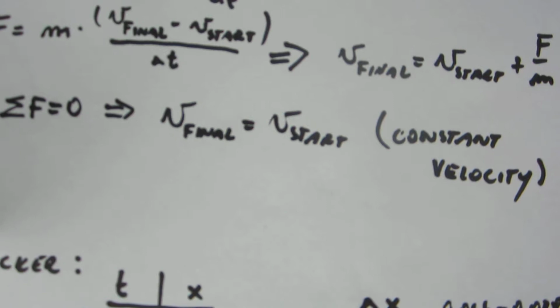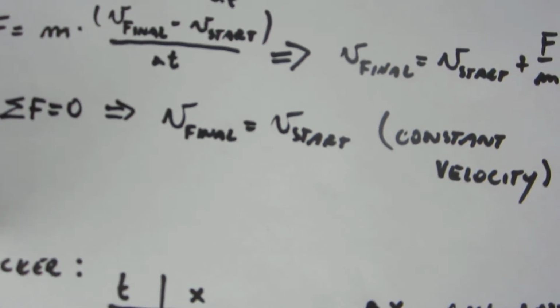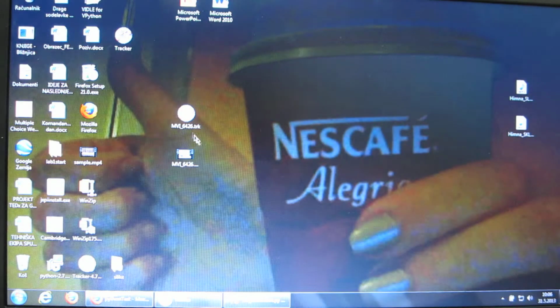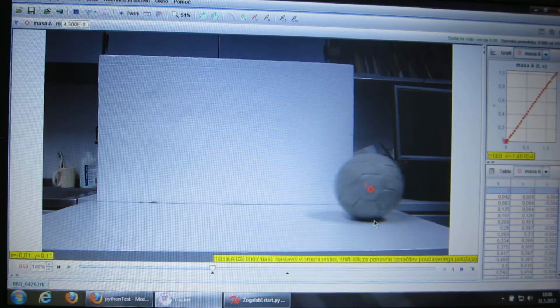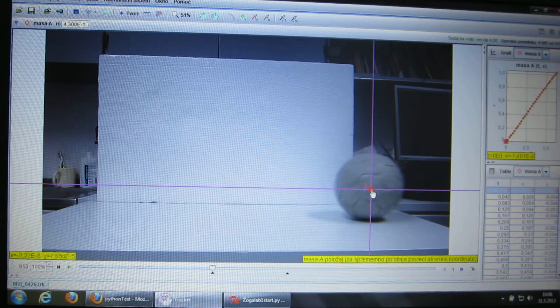Okay. Now let's start with our experiment. So here is our experiment. The ball will move from right to left, and I will put the positive x direction in the same direction that the ball moves.